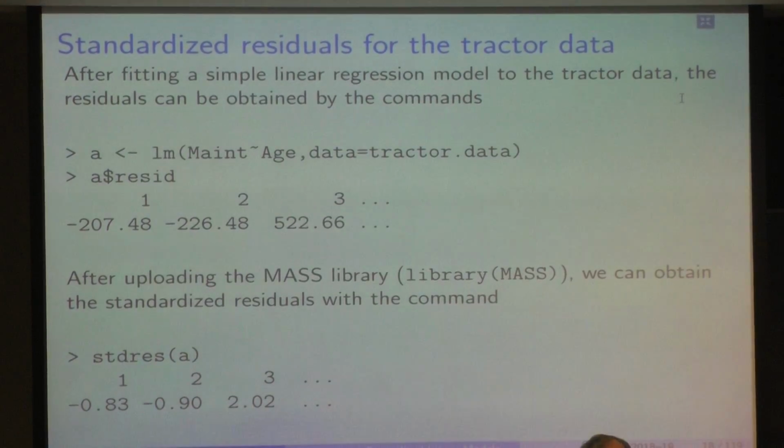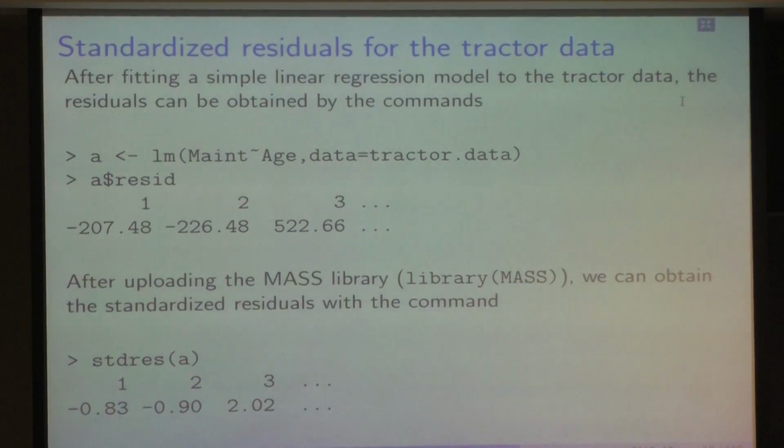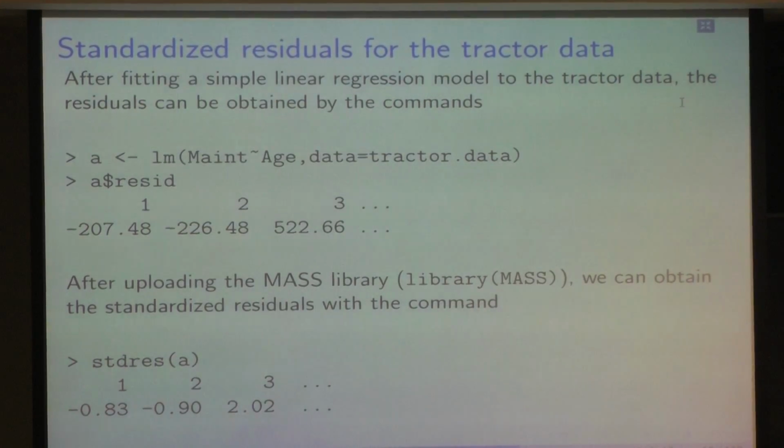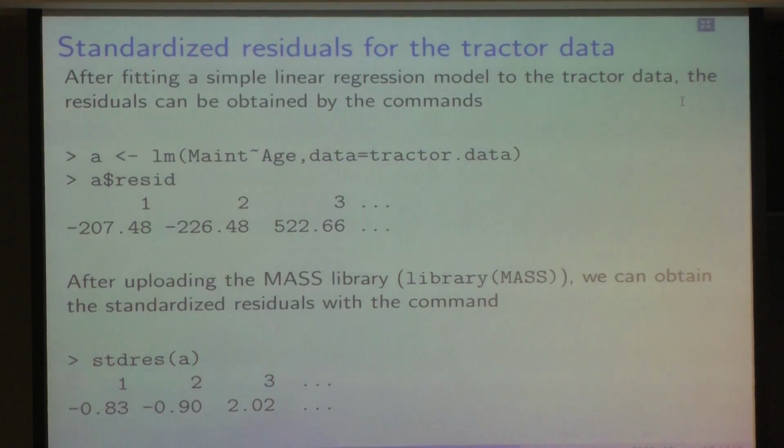So now these should be approximately from a t-distribution, and the number of degrees of freedom, remember, is the number of observations, which was 17, minus the number of coefficients in the model, which was 2, so it'll be 15 degrees of freedom. So we need to compare these values with a t-distribution with 15 degrees of freedom.